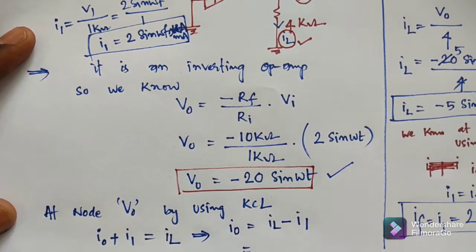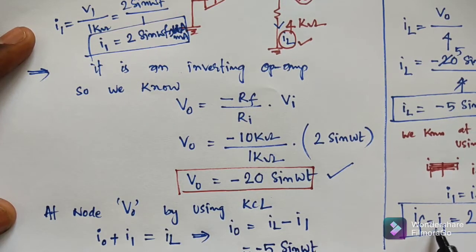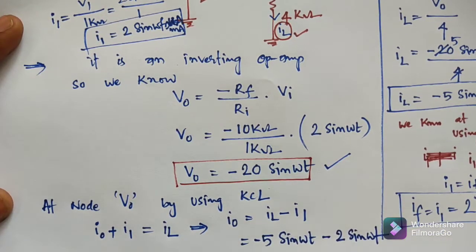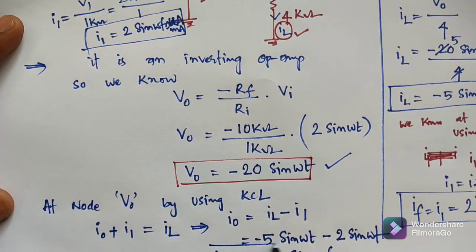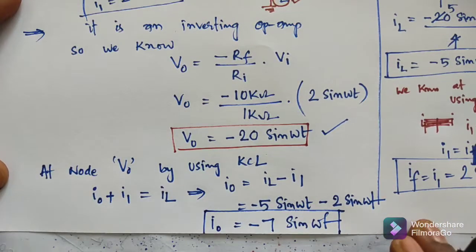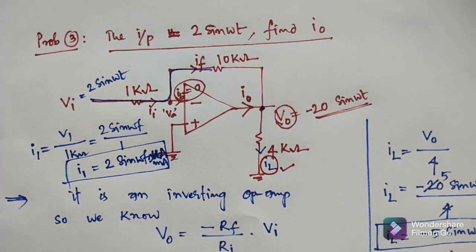You know IL is equal to minus 5 sine omega t, and I1 is 2 sine omega t. Finally, the result is minus 7 sine omega t. That is the actual I0. So this is the formula for this. Thank you.